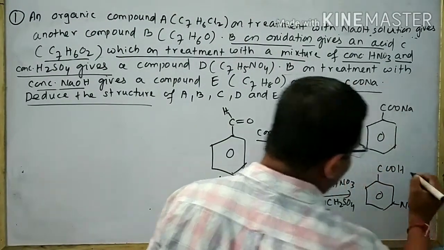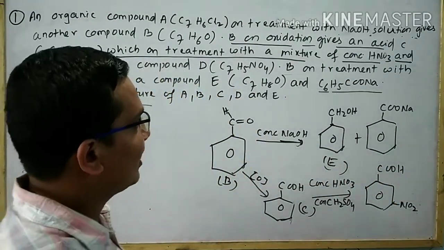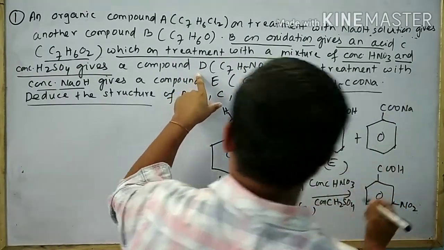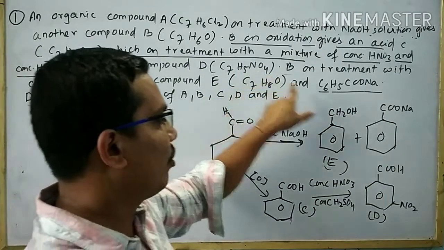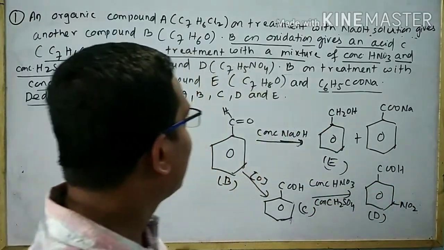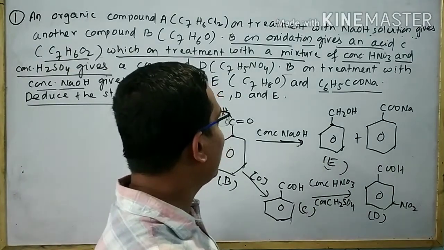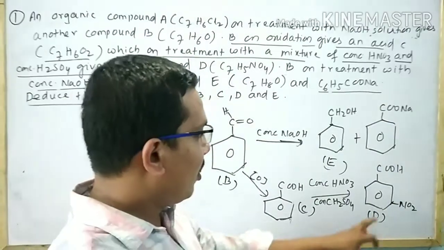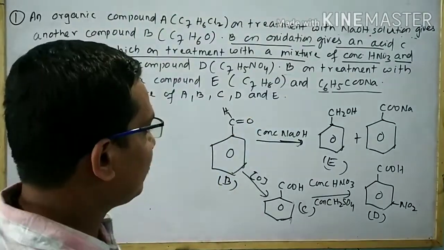That means meta-nitrobenzoic acid is considered as compound D and having formula C7H5NO4. Now calculate the number of carbon atoms, oxygen atoms, hydrogen atoms, nitrogen atoms. Then it must equal this formula.